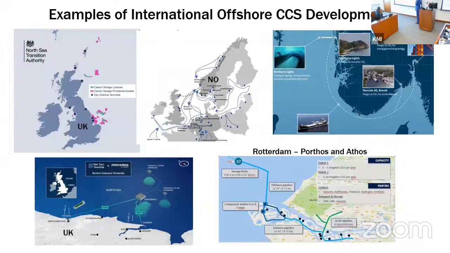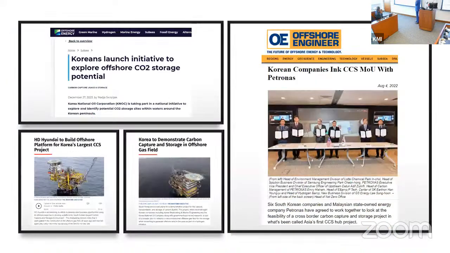And this is an area where it's happening around the world, mostly in Europe and the North Sea, but Korea is now in the lead on this. I think it's the Donghae project in that Ulsan region where they're constructing a facility similar to the oil and gas facilities in order to be able to take the carbon dioxide and then inject it underground.